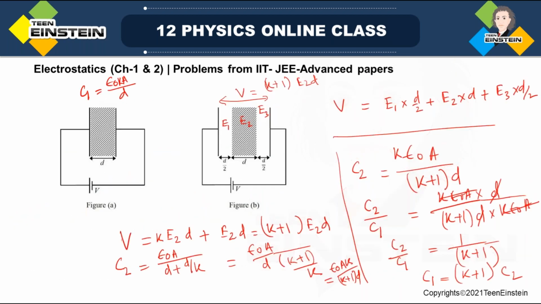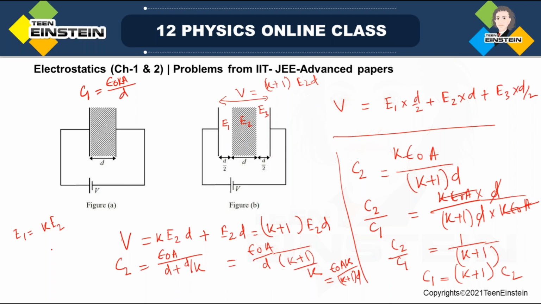E1 was K times E2, not 2K, it was K times E2.